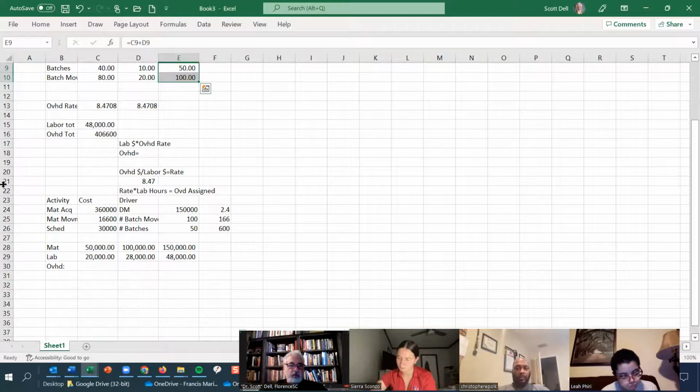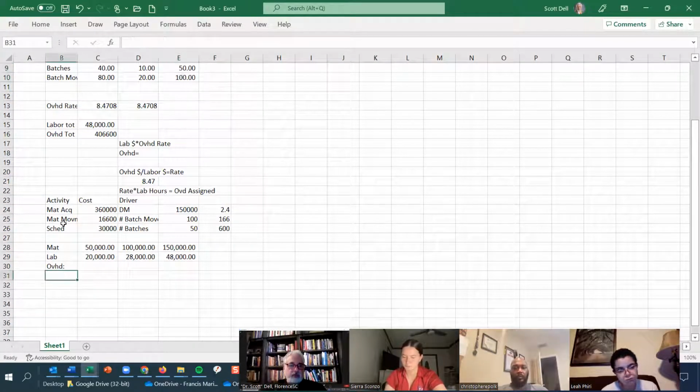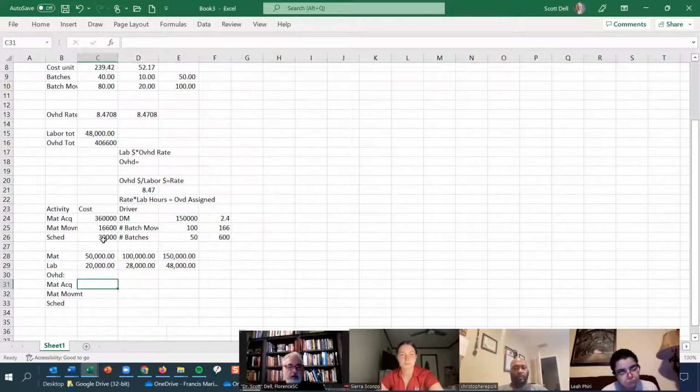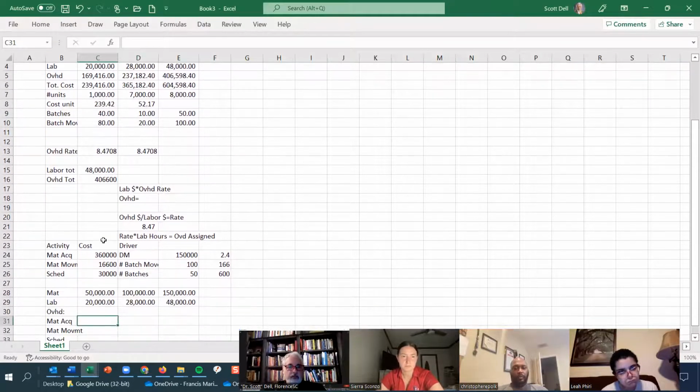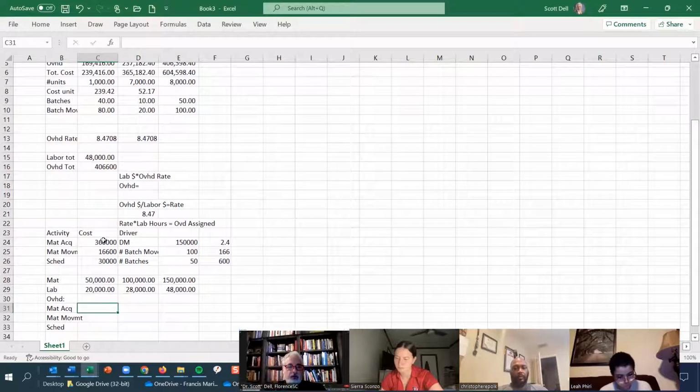Okay. So what's my overhead going to be? I'm going to have these particular items here. Overhead items, individual. Oh, yeah. I'm going to start with acquisition. What do I do for acquisition?